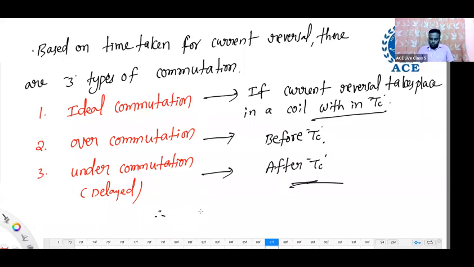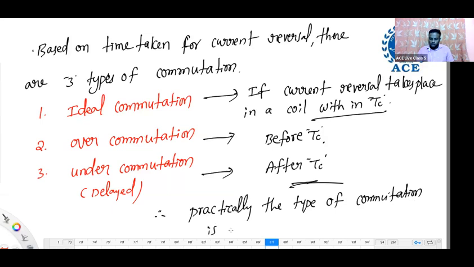Therefore, practically, the type of commutation is delayed. So why is it delayed? There are some reasons that we will see now. First, complete up to this.